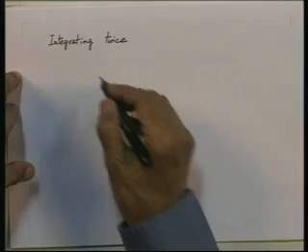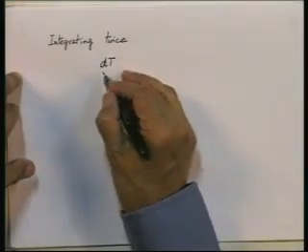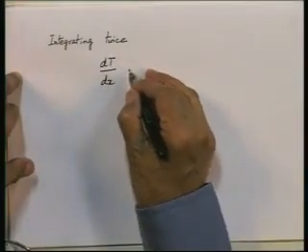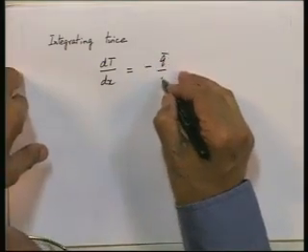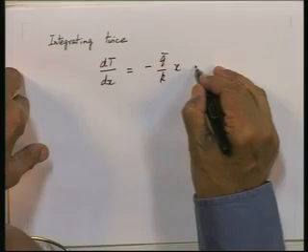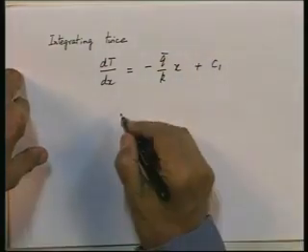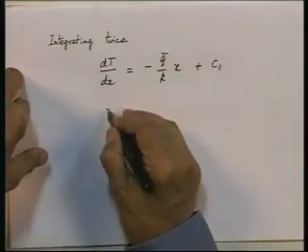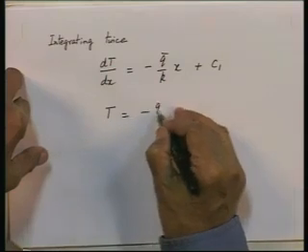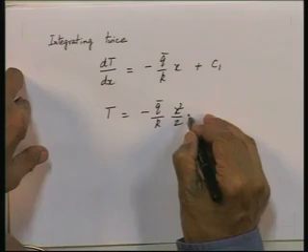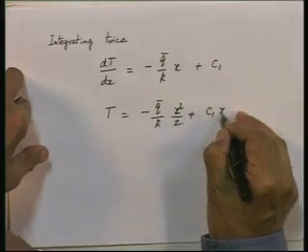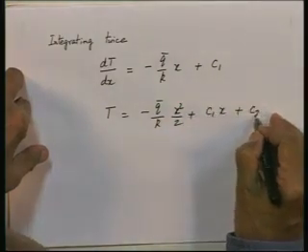The first integration will give me dT/dx is equal to minus q bar by k x plus c 1, and the next integration will give me T is equal to minus q bar by k x squared by 2 plus c 1 x plus c 2.